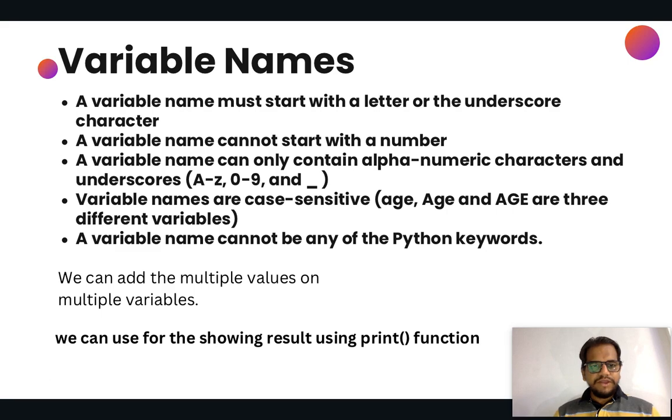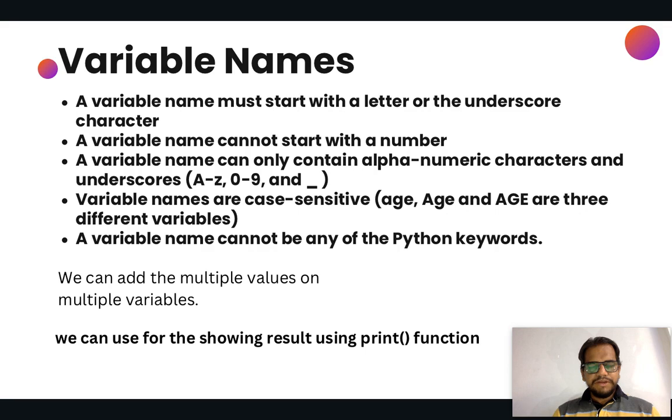A variable name cannot be any of the Python keywords. It is your own variable, not a Python keyword, right? We can add multiple values to multiple variables, which we can look at while typing the code.